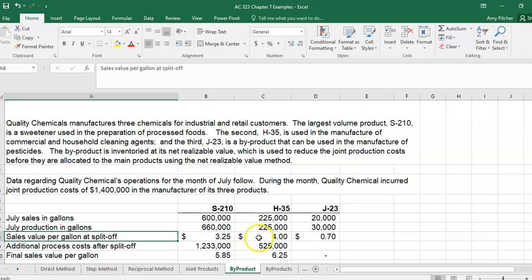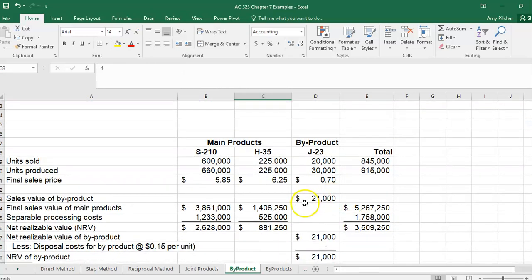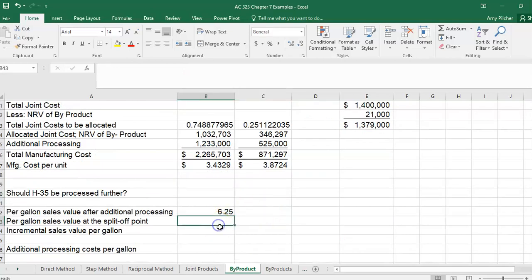Oh, no, here. Sales value at split off is $4. So our incremental sales value per gallon equals $6.25 minus 4 is $2.25.